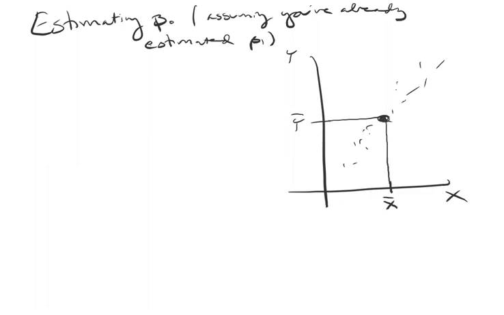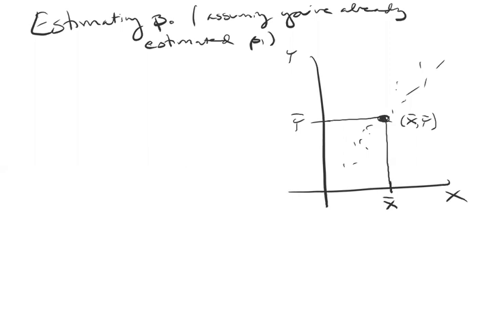So this right here is the point with coordinates X bar, comma, Y bar. The idea here is that you want the regression line to go through the intersection of those sample means. Why? Because that means it's right in the middle of your data. So you want to come up with a regression line that's going to go through that intersection of the means.